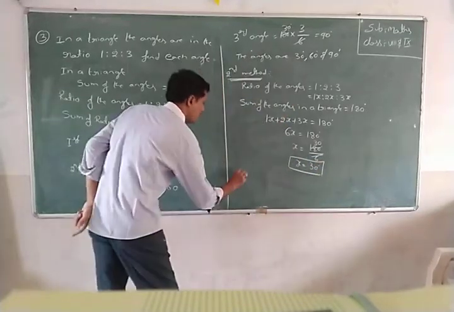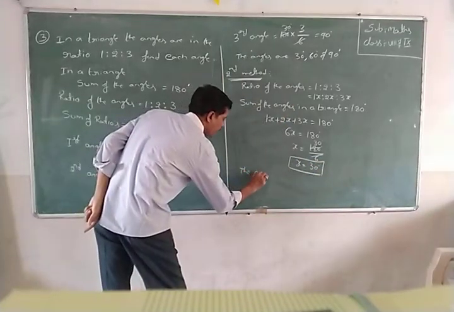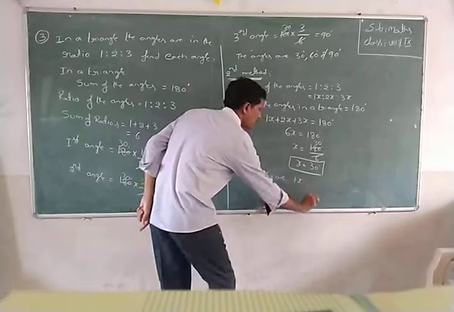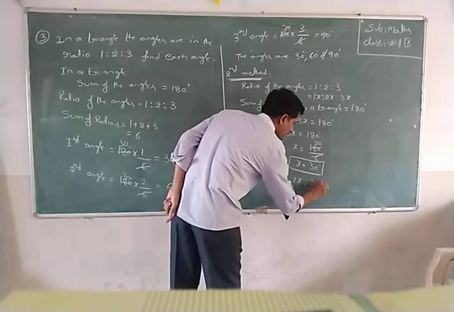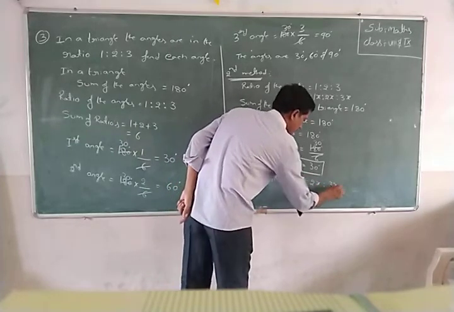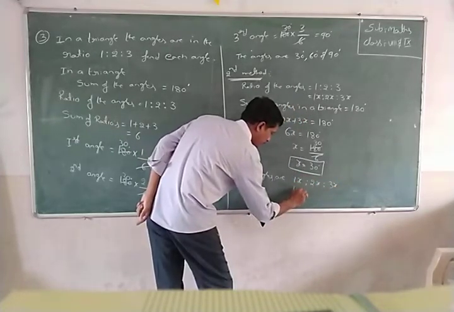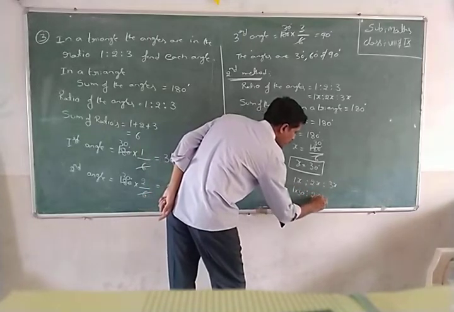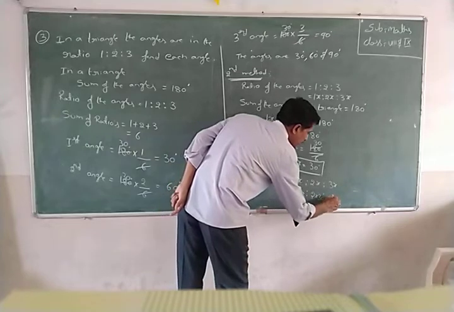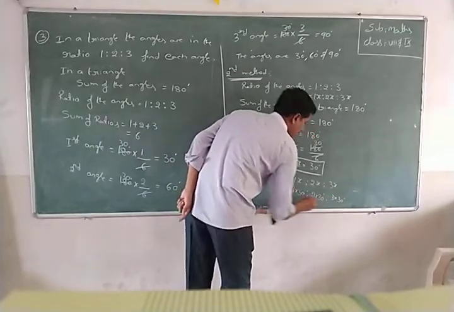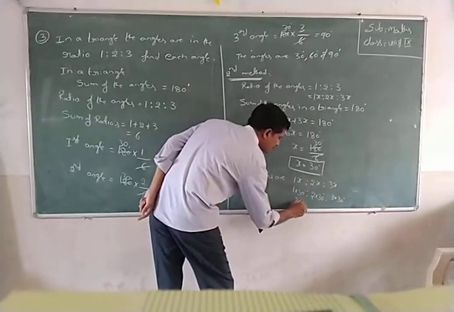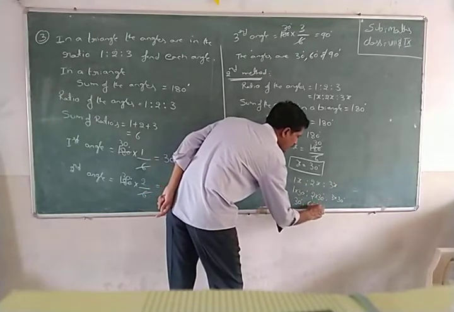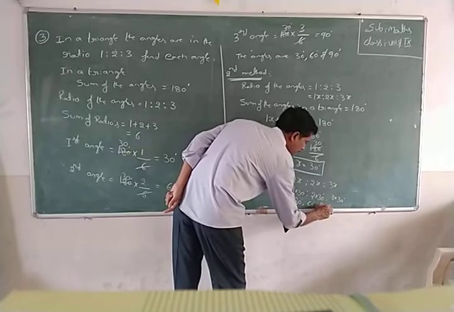Therefore the angles are 1x, 2x, 3x. Substitute the x value: 1 into 30 is 30 degrees, 2 into 30 is 60 degrees, 3 into 30 is 90 degrees.